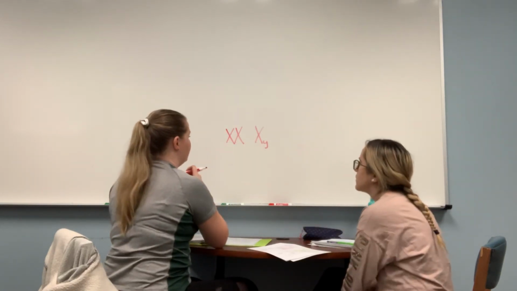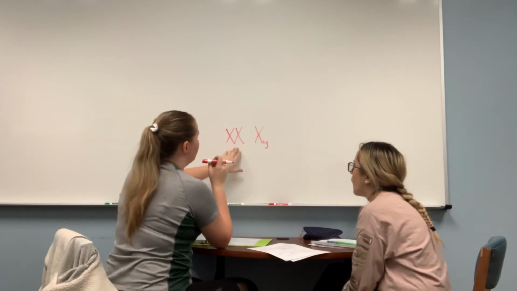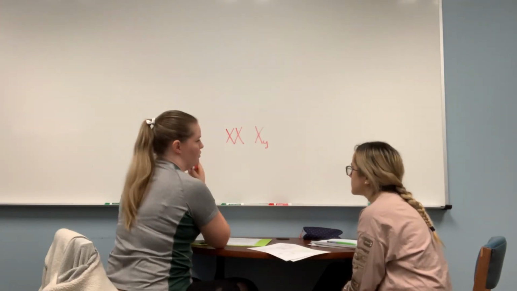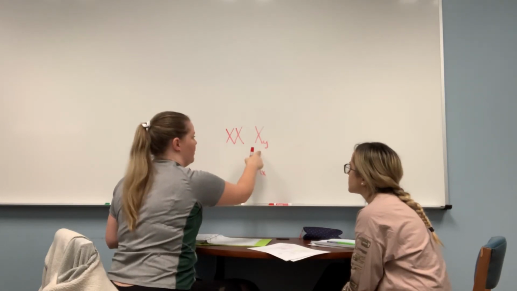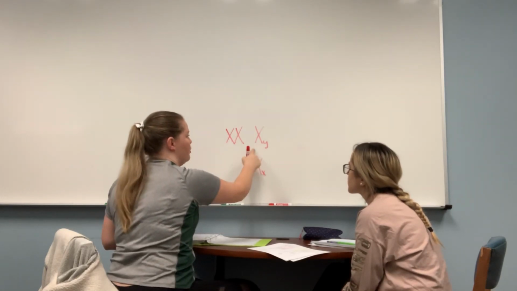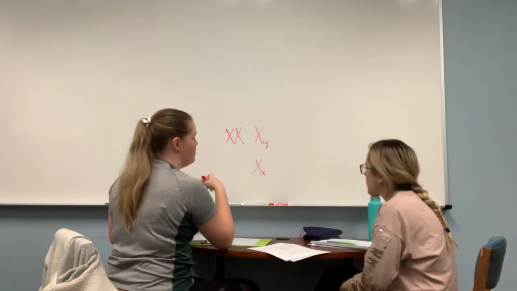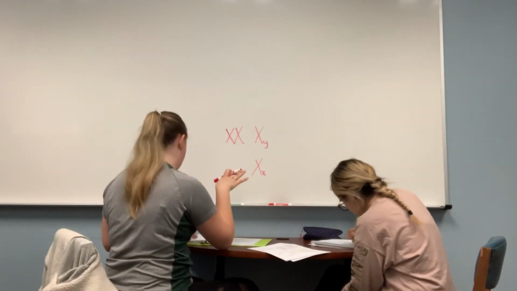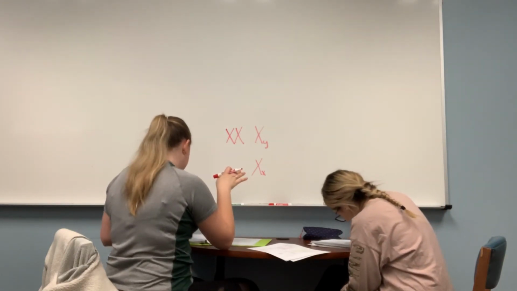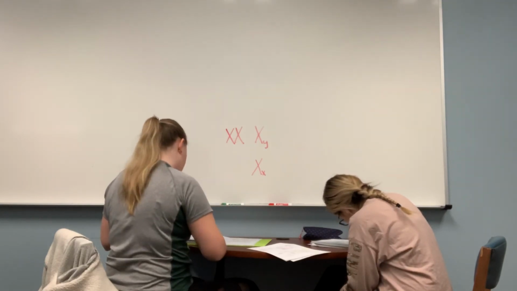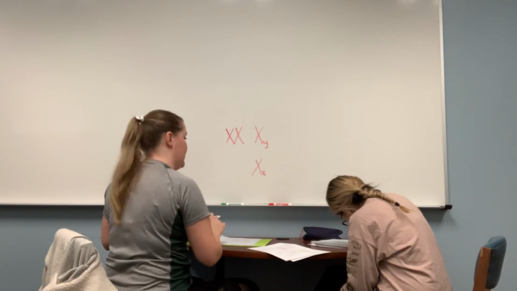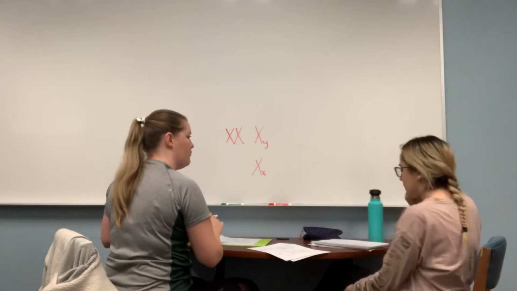How do I explain it? This is not a carrier, right? Before we talked about how this would be a carrier. This is not a carrier. The reason for that is they're two different letters. If they were the same letters, it'd be fine, but they're not. So males cannot be a carrier, but females can be for the X-linked disorder.